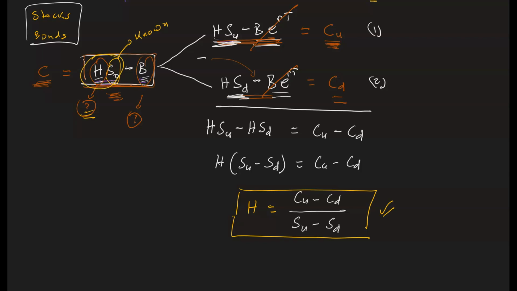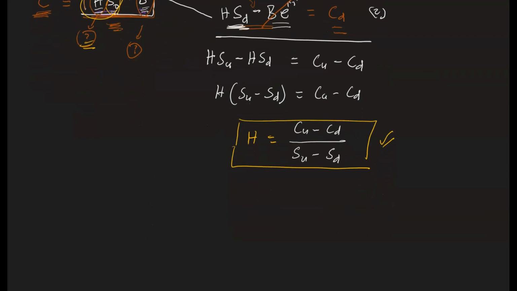How about b? Well, if we know what h is, that means we can plug h back into this first equation and solve for b. So the first equation was h S up minus b future value is equal to call up.